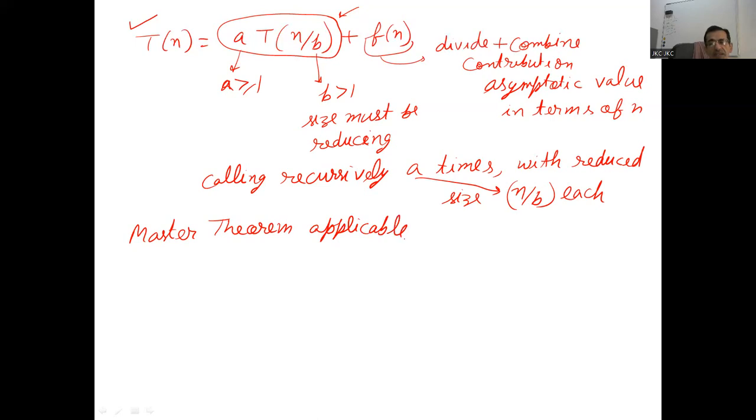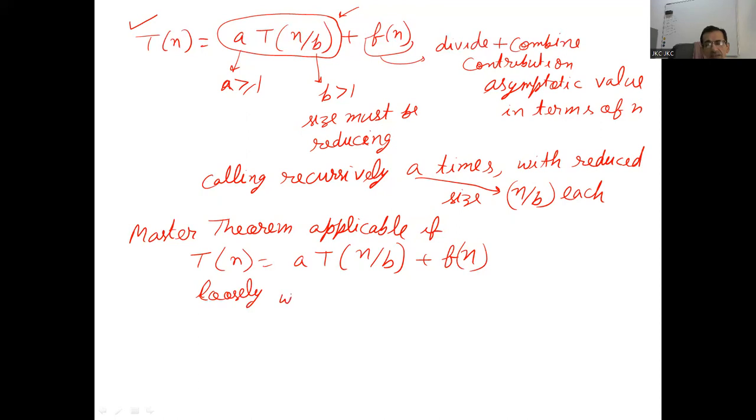If I have T(n) as a T(n/b) plus f(n), then loosely speaking, it will check whether the children will contribute more in the recursion tree, like we have seen. Children effectively means recursive calls.